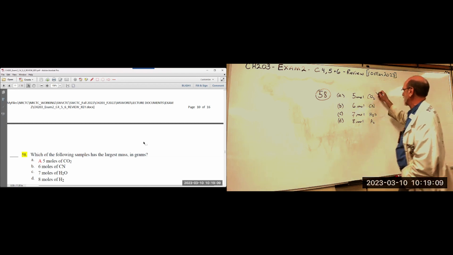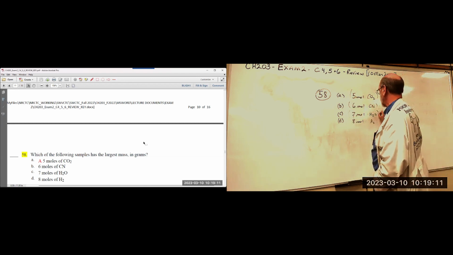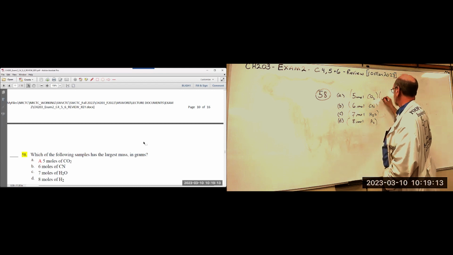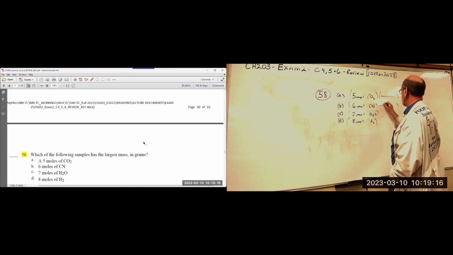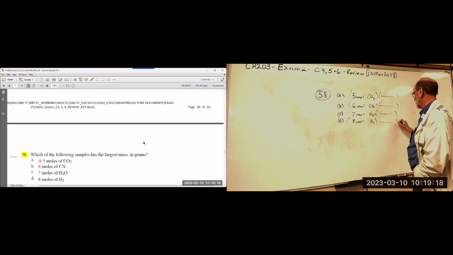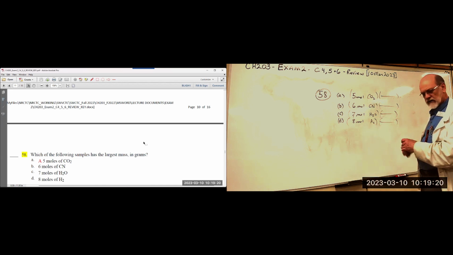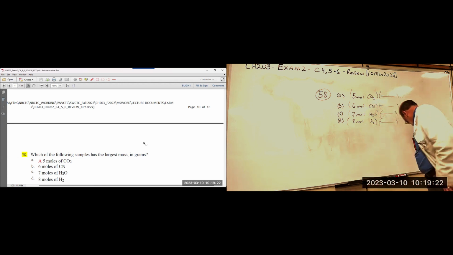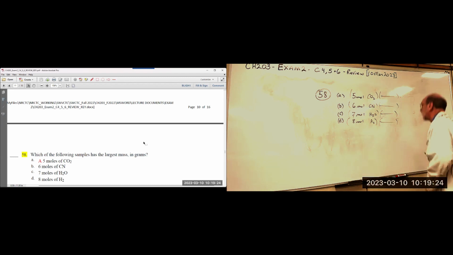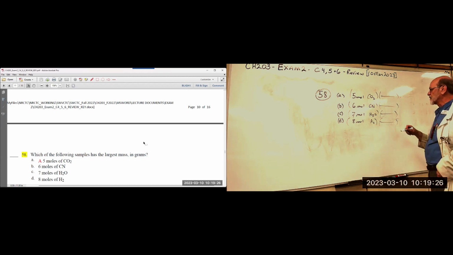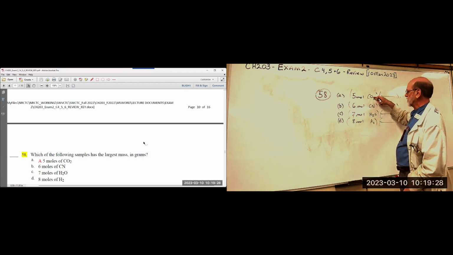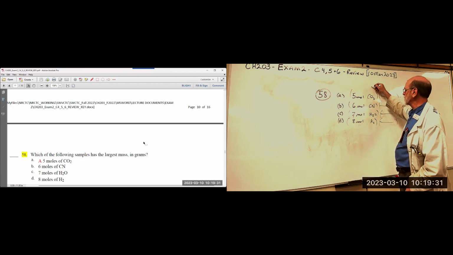Okay, so we need conversion factors for all these. If we're going to find out how many grams, we need the molar mass. So what's the molar mass of carbon dioxide? Well, 2 oxygens is 32 plus 12.